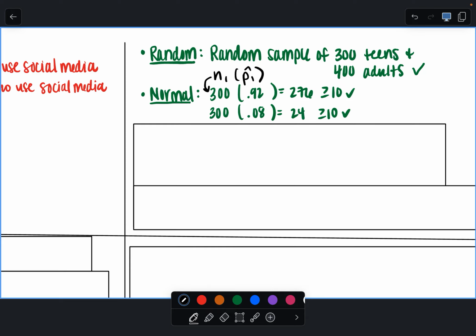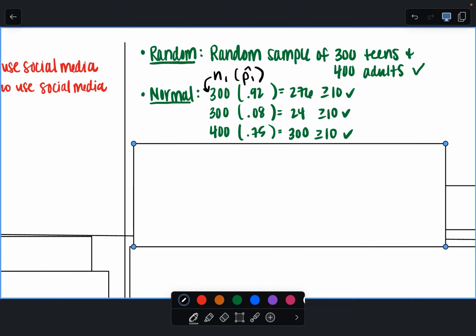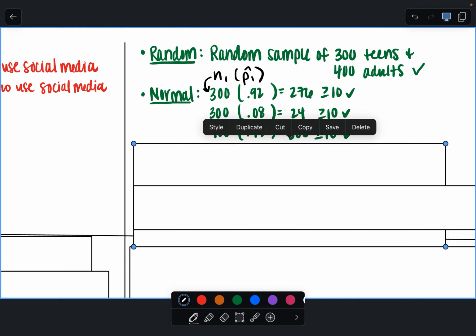Now, what you have to be careful of when you jump to 2 samples is you cannot use the same proportion when it comes to a confidence interval. I now have to look at the sample size of adults, which was 400, and I have to multiply it by the probability of success for that adult group.